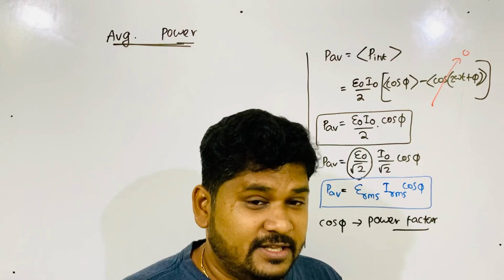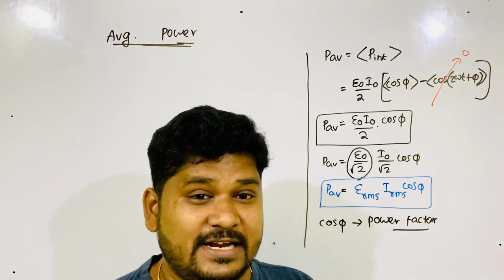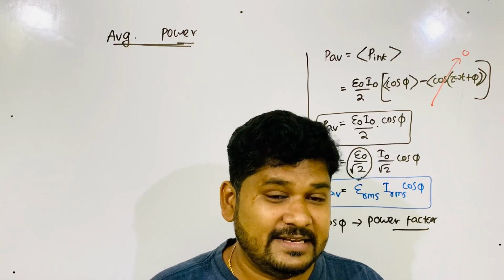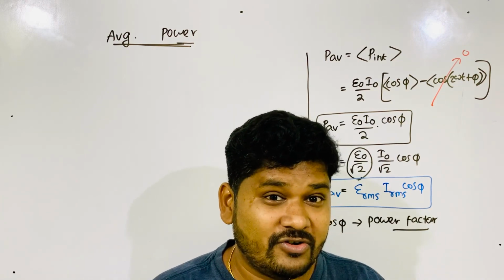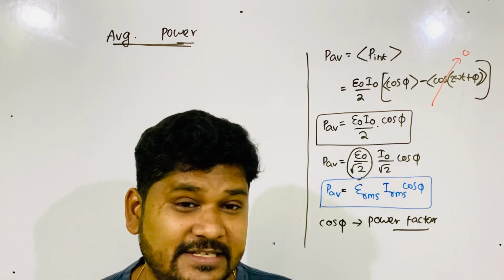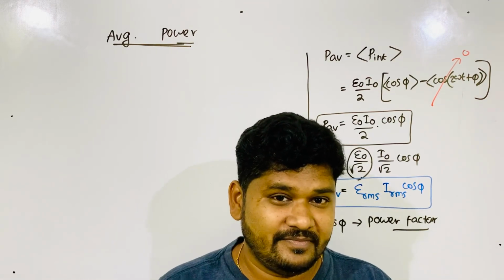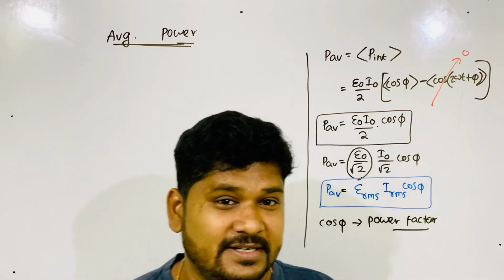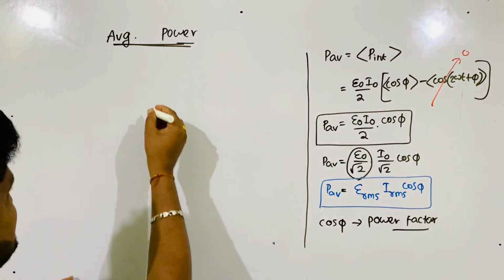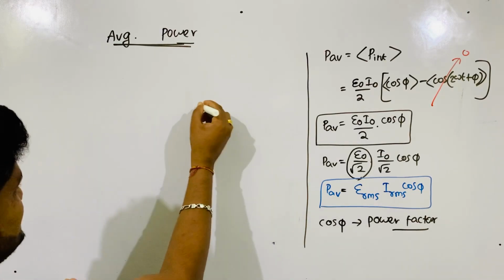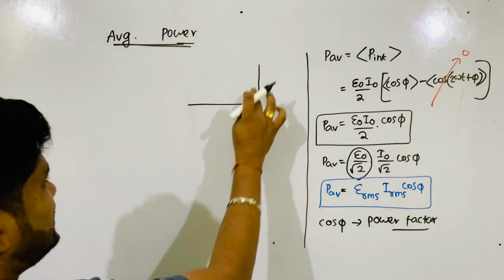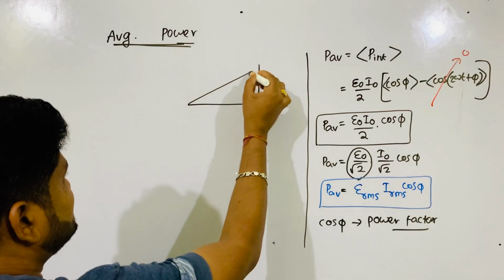Have you remembered the impedance triangle I told you about, in which lecture? In lecture number 3, LCR circuit, phasor solution. So our impedance triangle was like this. I'm again reminding you, the triangle was like this.